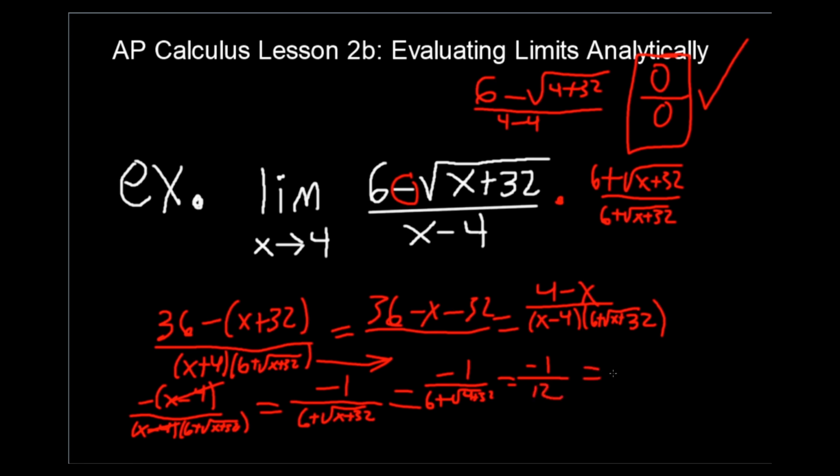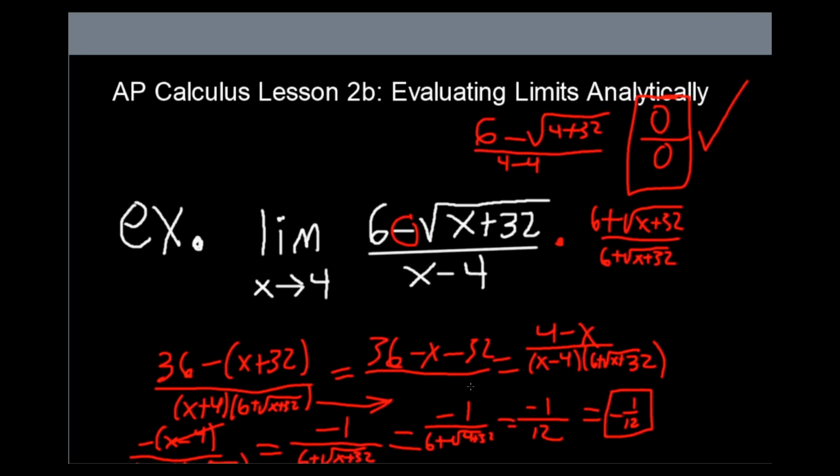And then our final answer is -1/12. Again, sorry my handwriting towards the end here is not super readable, but I think you get the gist of this. So I'll rewrite this 6 a little bit there. This is how we would do this kind of problem. It's pretty tedious, but once you get the hang of it, it's not too bad.